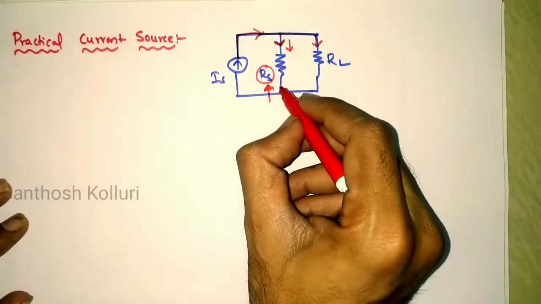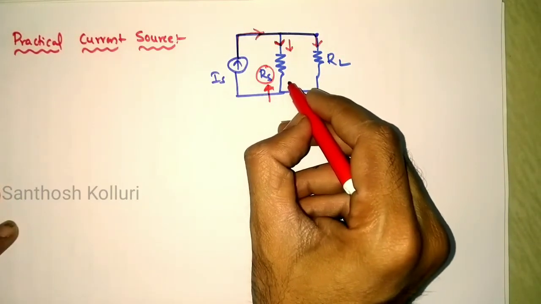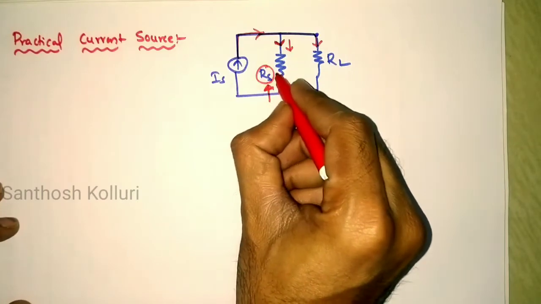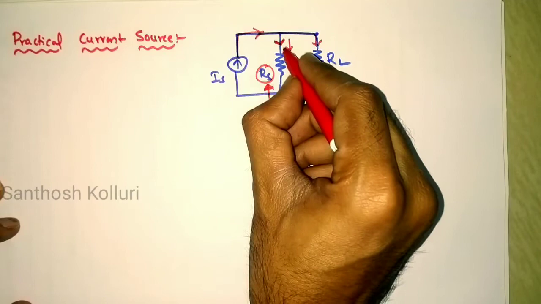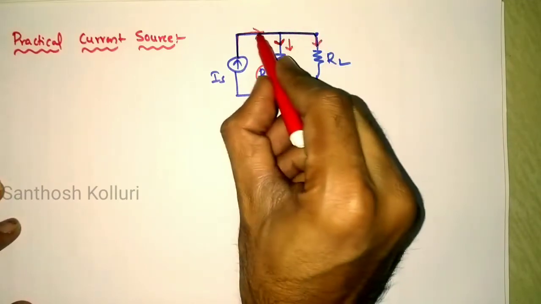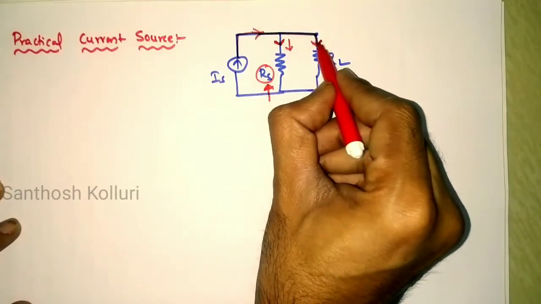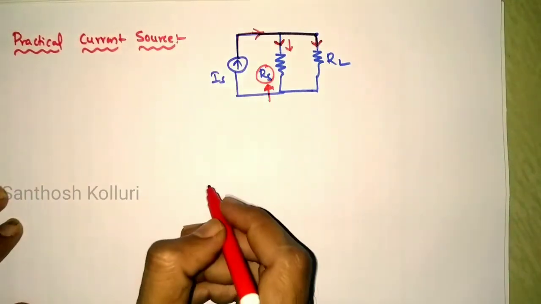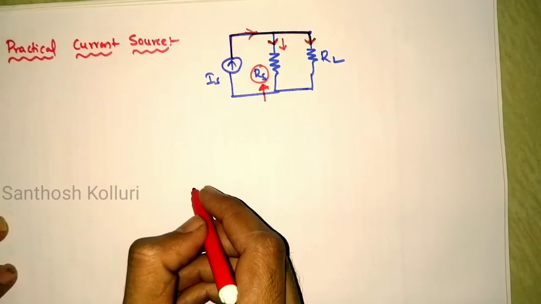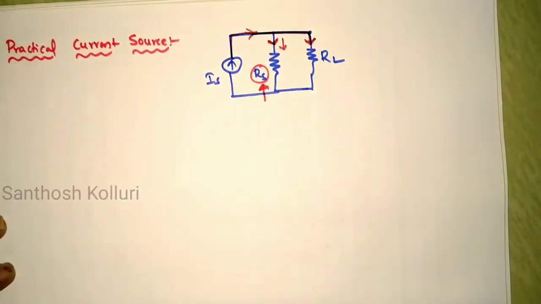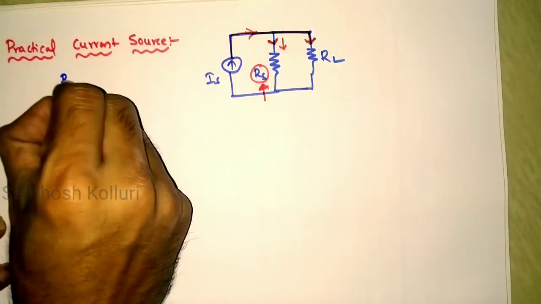For that reason, the internal resistance of the practical current source should be high. Then only a small amount of current will flow through this internal resistance, and the majority of the current will flow through the load resistance. So each and every practical current source should have a high internal resistance RS.